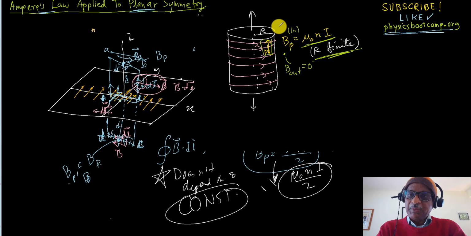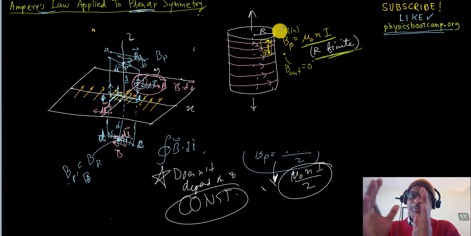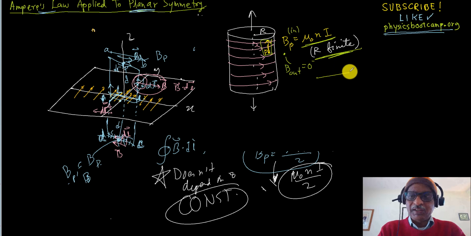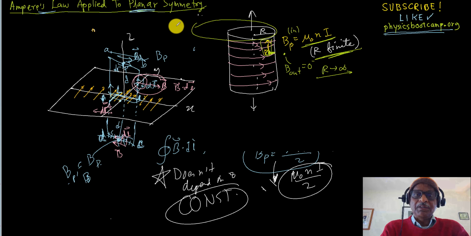So imagine as you make R bigger and bigger, so if I take R to the infinite limit, while keeping this point fixed, I just make the solenoid bigger and bigger.